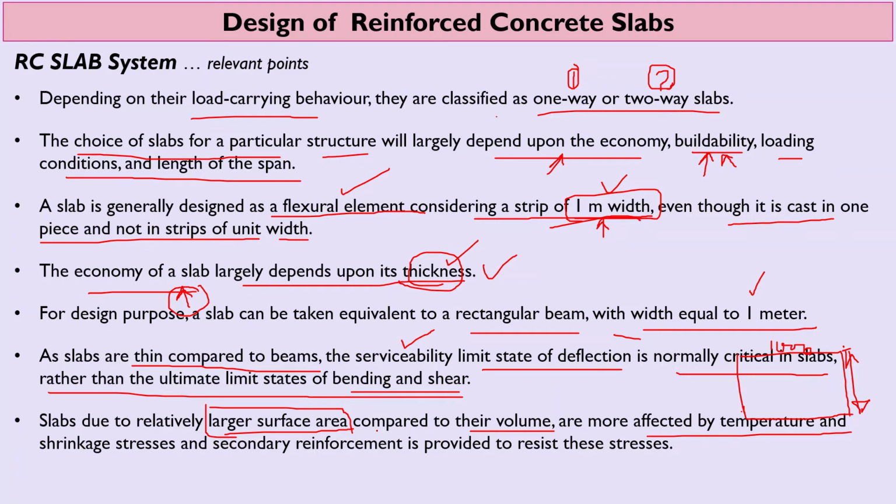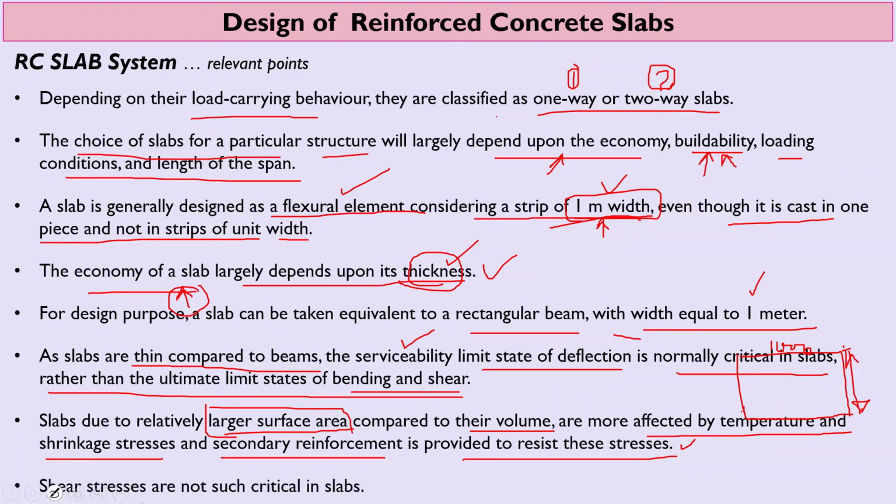If the surface area is more, then definitely the temperature effect will be more, and ultimately it will develop shrinkage stresses, and secondary reinforcement is required to resist these stresses. Later on we will discuss the meaning of this secondary reinforcement. Shear stresses are not so critical in case of slabs, but in beams they are more critical.